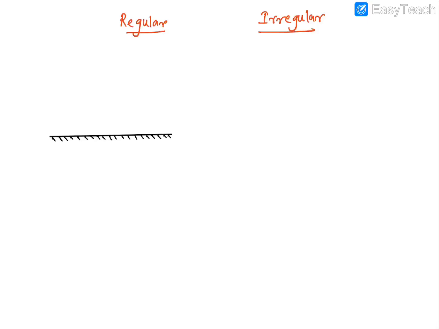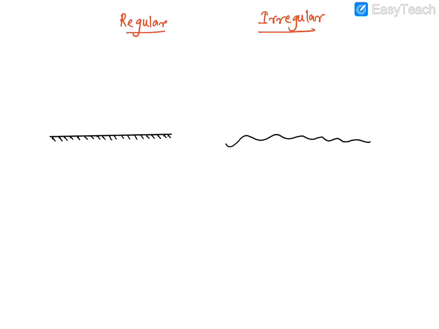And for irregular reflection, this is how your mirror is, meaning it is not a plain mirror. It may be a rough surface, like for example wood, a wall, a paper in your notebook, a road. Anything which is not highly polished is basically an irregular surface.